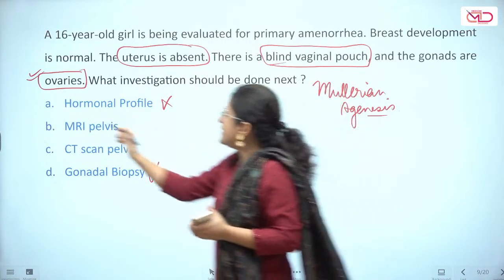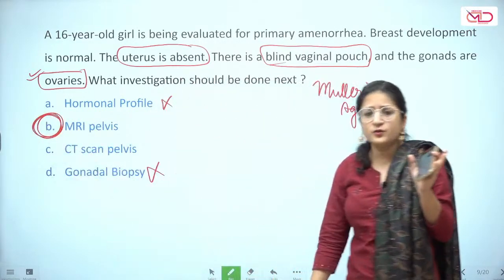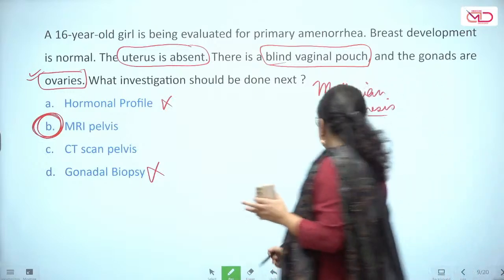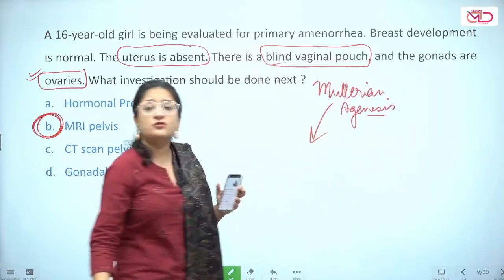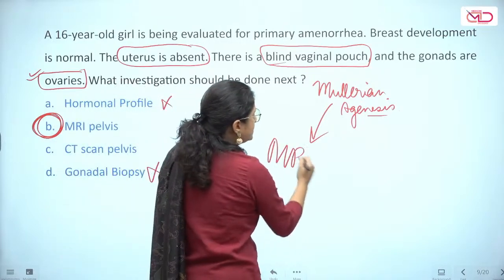Now, MRI pelvis is the investigation that you are going to do, not because you want to make a diagnosis, but because Mullerian agenesis can be associated with renal tract anomalies. Remember MRKH syndrome?